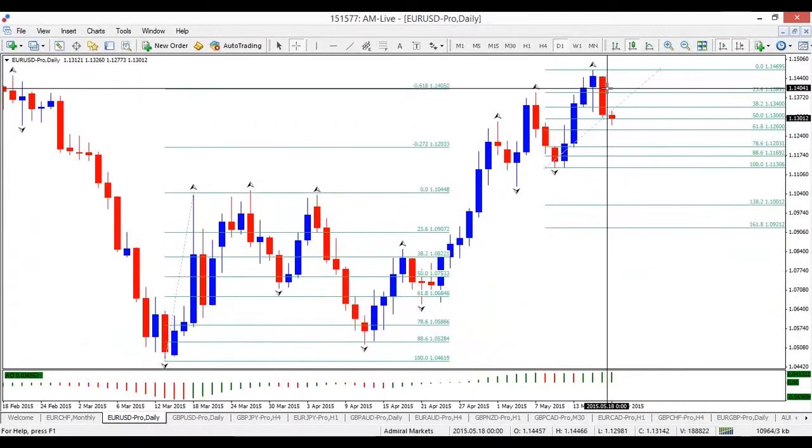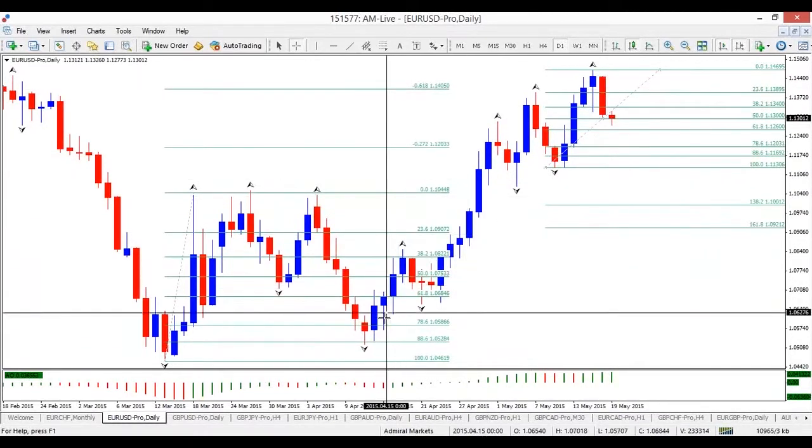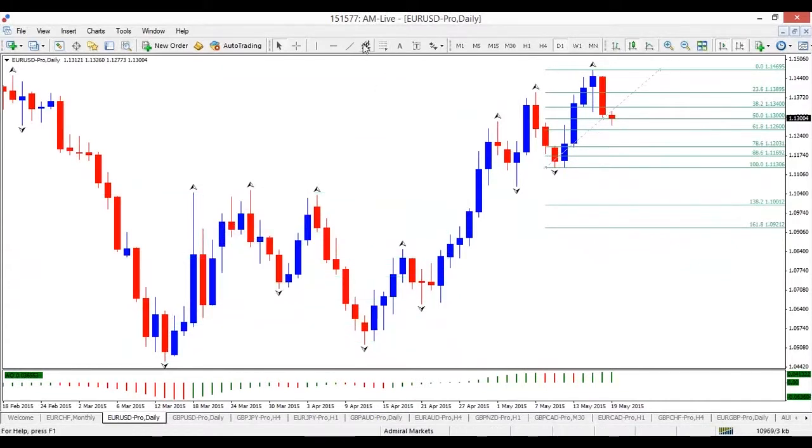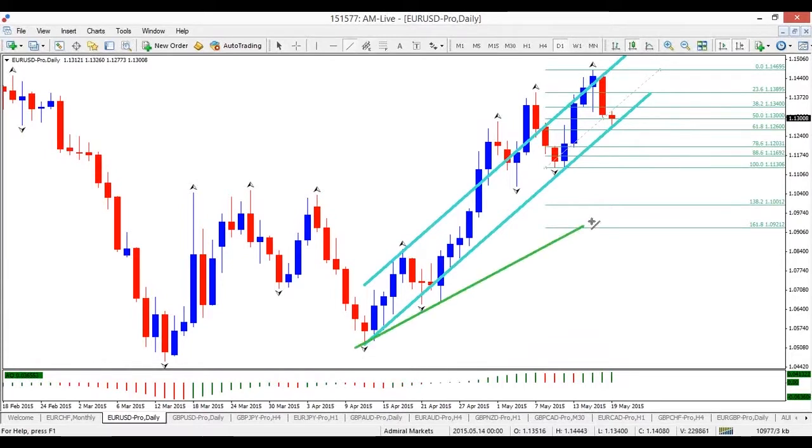When looking at the daily chart, we definitely see higher highs and higher lows. So maybe we take this fib off, and we can see some kind of channel like this. But we also see the potential for price to perhaps bounce off a shallower line like this.